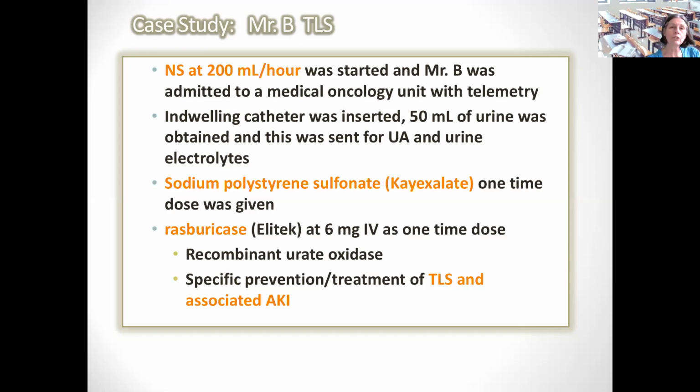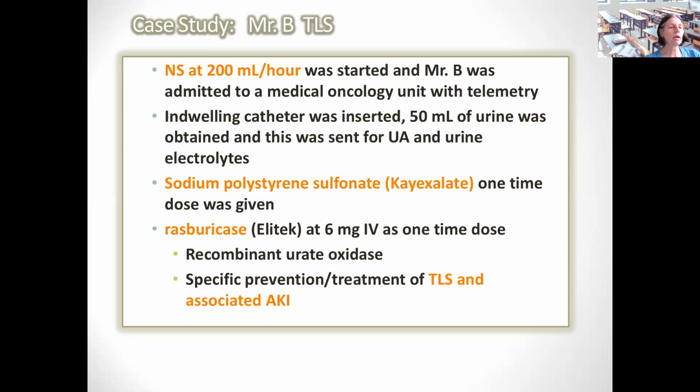Sodium polystyrene sulfate is this sodium exchange resin that exchanges sodium for potassium in your gut. It causes you to poop out the potassium and retain the sodium instead of retaining the potassium in your bloodstream. So it causes the potassium to shift into the bowels. We can give it by enema, we can give it orally.